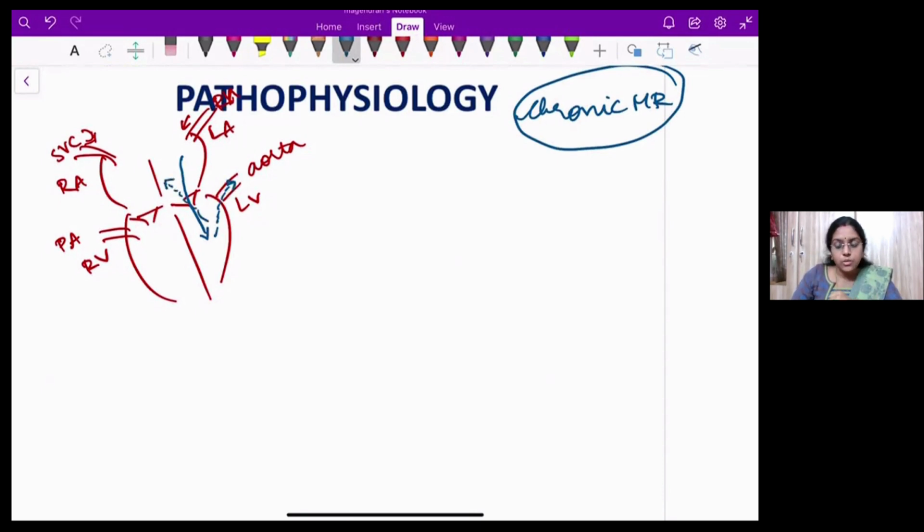So what happens now? The left atrial pressure is slightly increased. Left atrial volume will increase. The volume of the blood in the left atrial chamber will increase. But the pressure does not increase immediately. The heart is trying to expand, trying to accommodate that amount of blood. The left atrium is trying to accommodate that amount of blood.